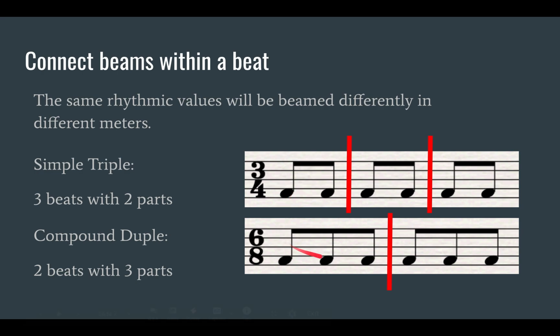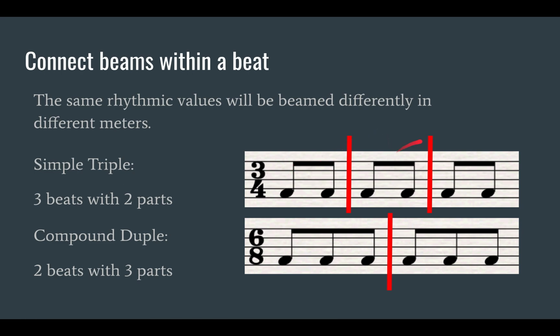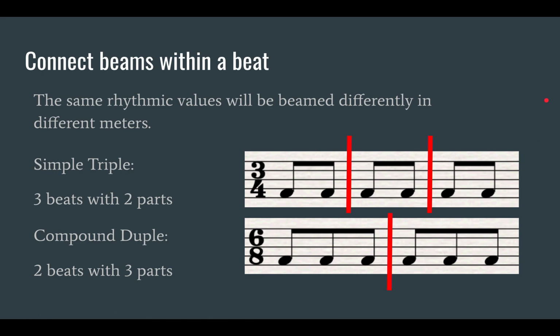So again, the same rhythmic value could be written in different ways depending on the meter that it's in. Simple triple will have 2 parts to each beat, but have 3 beats. Compound duple will have 3 parts to each beat, but only 2 beats. This is the core idea of how beaming works in different meters.